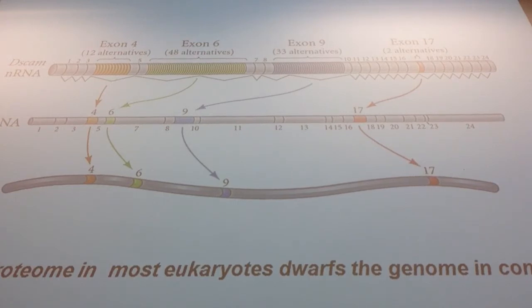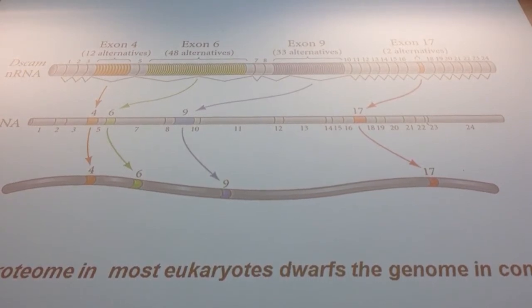Okay, this is hitting the nail on the head here. There's a protein called DSCAM, which is an adhesion protein, so it allows cells to interact with other cells. There's only one of these genes, and through RNA splicing, this one gene has over 38,000 possibilities.